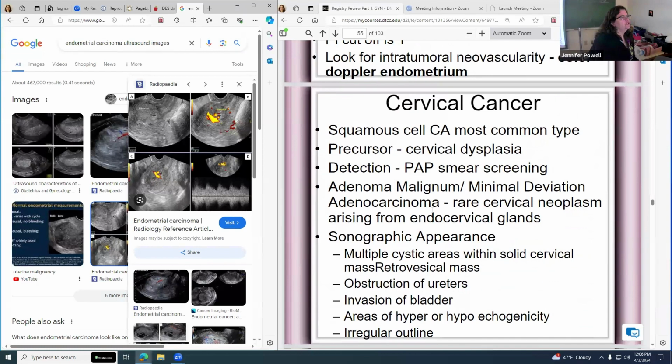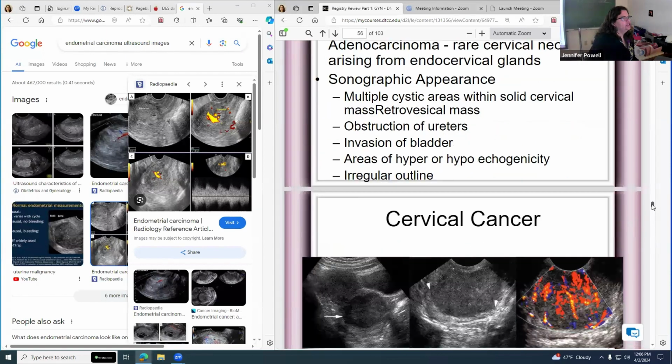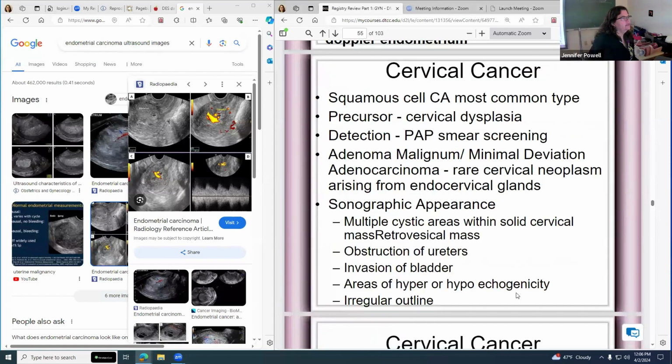So cervical cancer can be caused by a virus. That's why everybody's getting the HPV vaccine now as children, because they found out that they can prevent a lot of these cervical cancers. So squamous cell carcinoma is the most common type of cervical cancer.